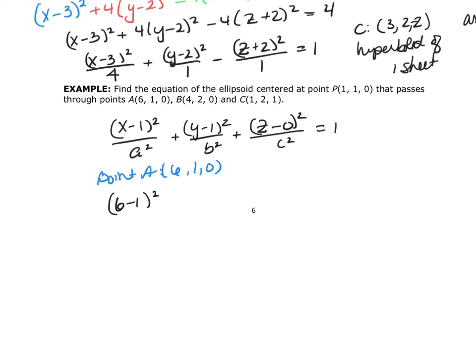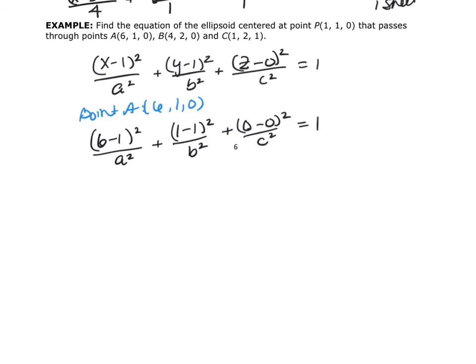So I get 6 minus 1 squared over a squared, plus 1 minus 1 squared over b squared, and then plus 0 minus 0 squared over c squared is equal to 1.